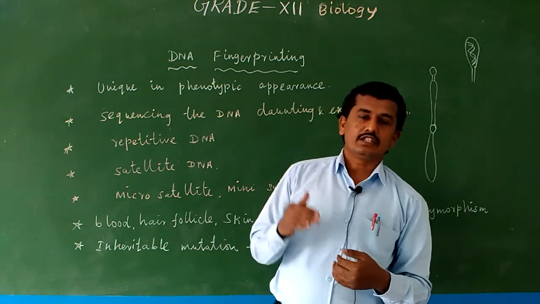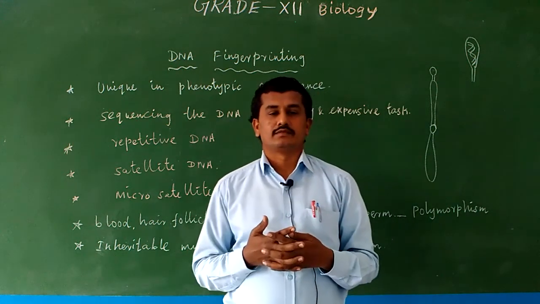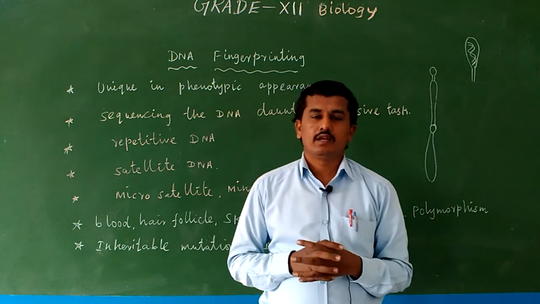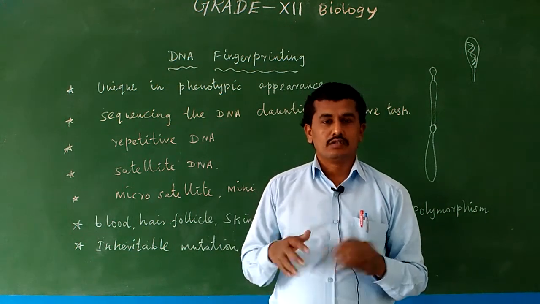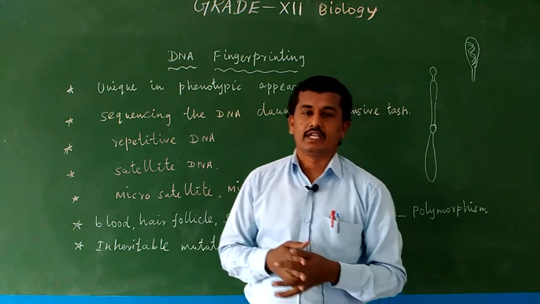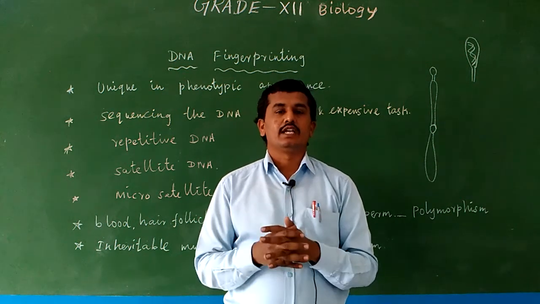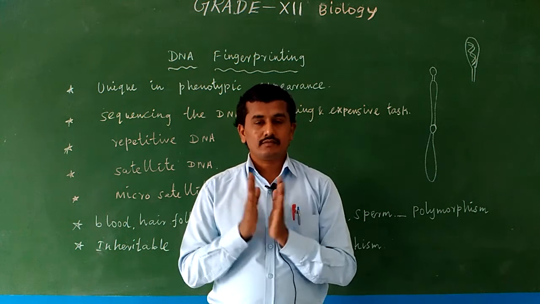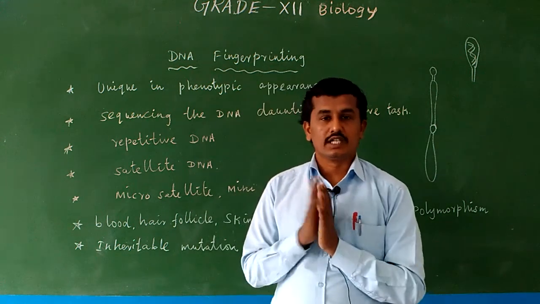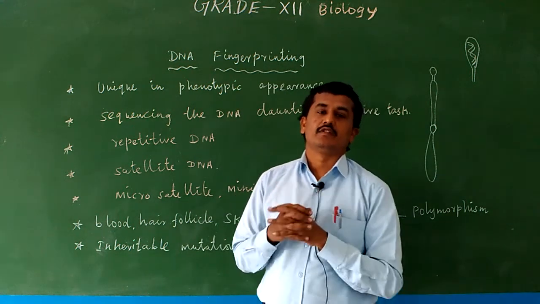So each individual in a population has different types of satellite DNA. With the use of these satellite DNA only, we identify the DNA, and DNA fingerprinting technology was developed.